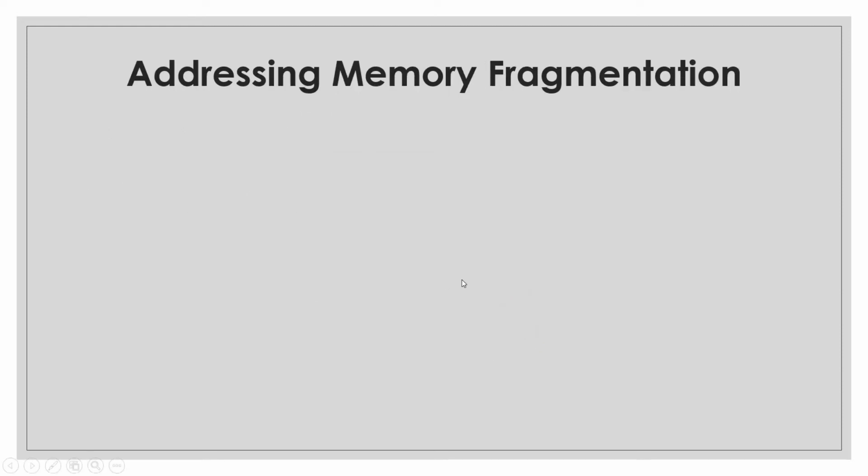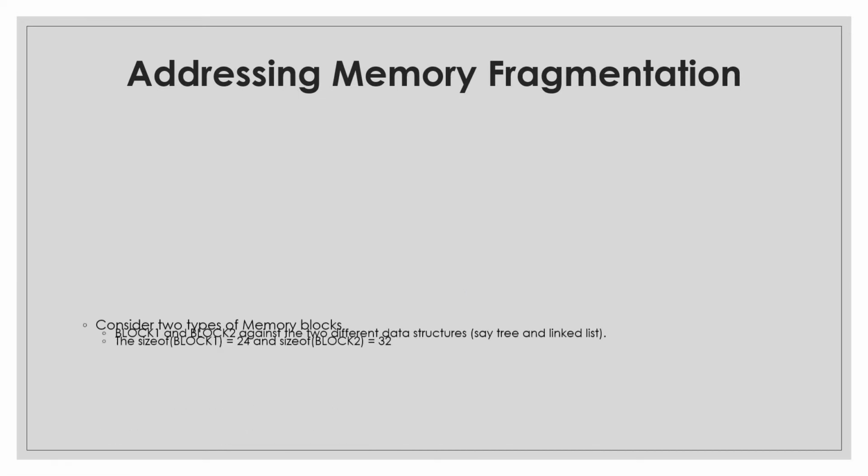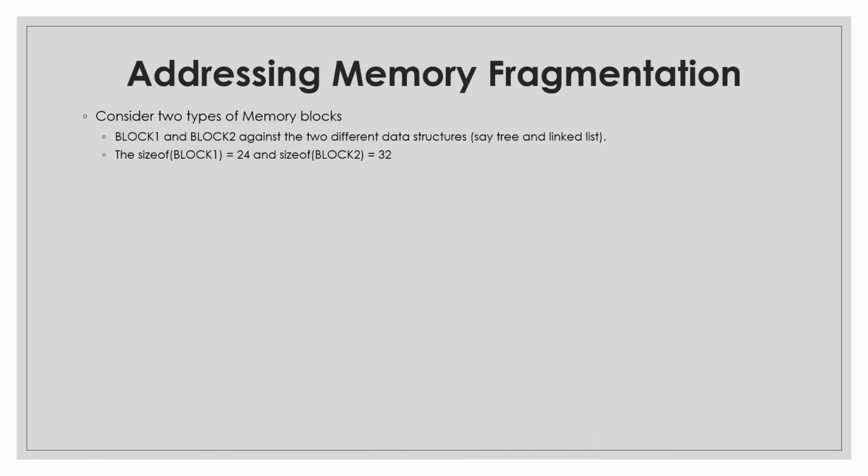Now let's see the fragmentation issue. Consider two types of memory blocks in your program, say block 1 and block 2, for two different data structures. Suppose one is used for a tree and the other for a linked list. Suppose the size of block 1 is 24 bytes and the size of block 2 is 32 bytes.